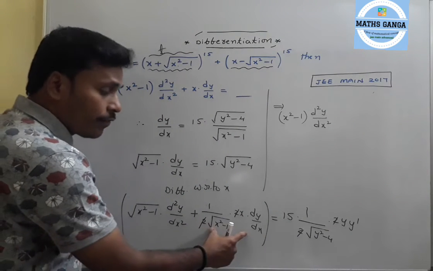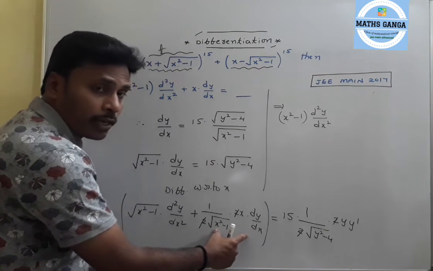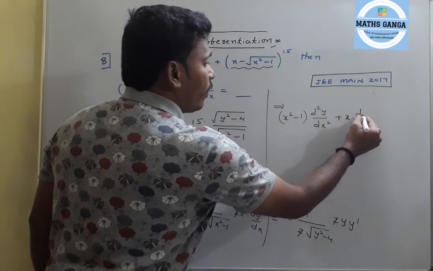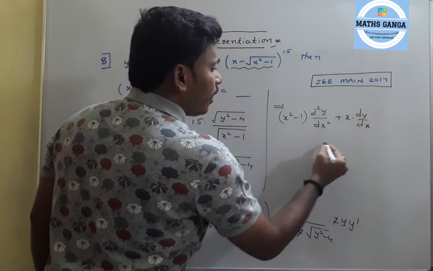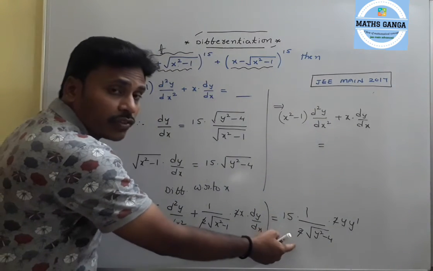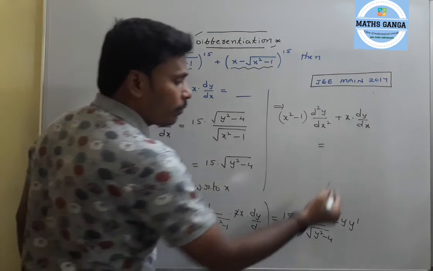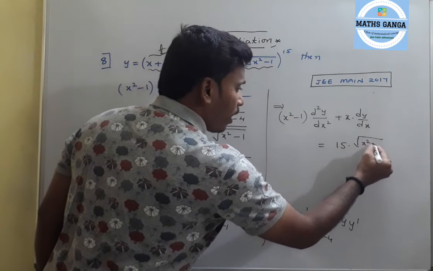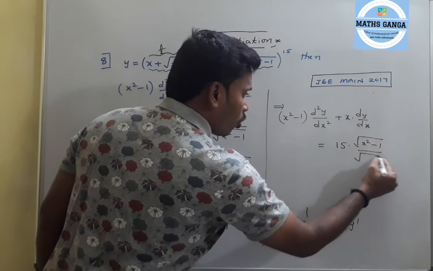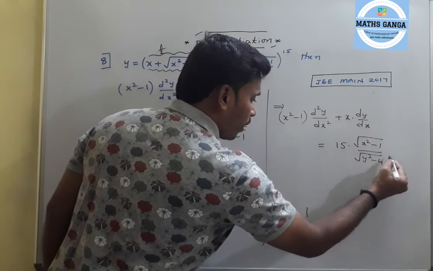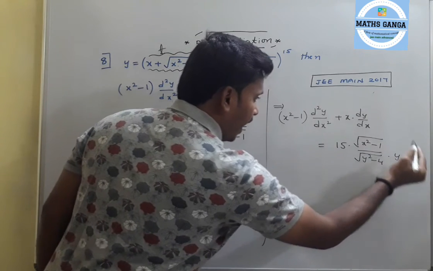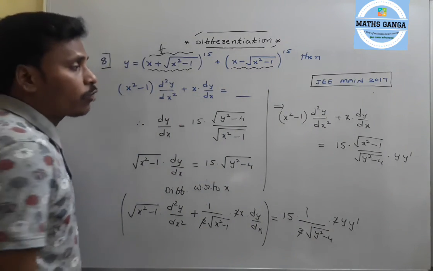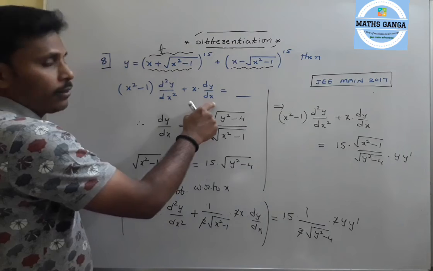And then see, if you multiply this term with root x square minus 1, it becomes x into dy by dx. That is equal to, if you multiply this right side part with root x square minus 1, we have 15 into root x square minus 1 divided by root y square minus 4 into y dash, by multiplying everything with root x square minus 1. Actually this part is the required thing.